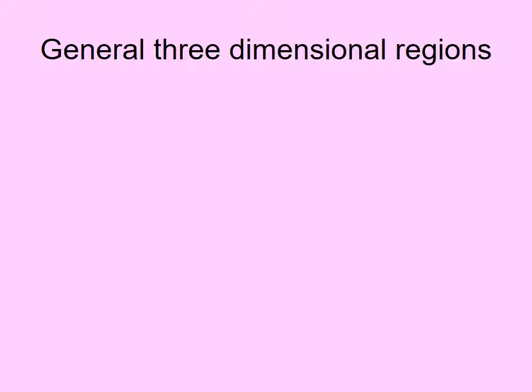So then what do we do if we're integrating over a region that is not a rectangular solid? So here's the three-dimensional counterpart of what we talked about for double integrals. We have our region, which is a three-dimensional solid.